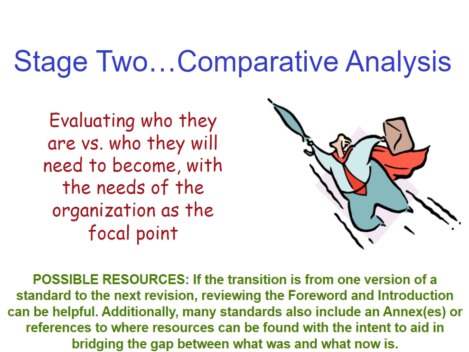So as an auditor, you're assessing this, and it could be assessed because as a third party, you are doing a review to determine whether or not that organization is ready to move to that standard. If you're a second party, you're trying to figure out whether or not your organization, such as the customer that you represent or are, your needs are going to be met when these changes take place.